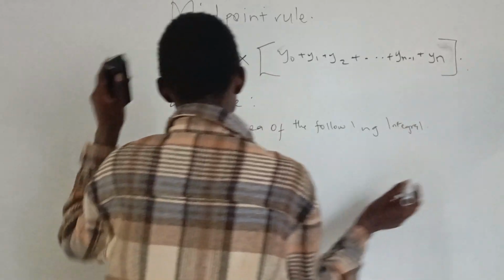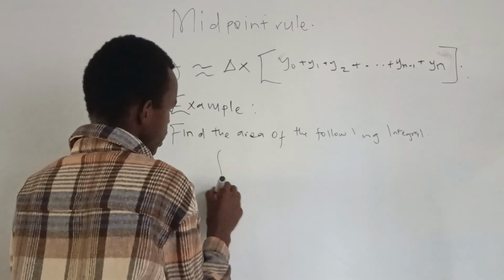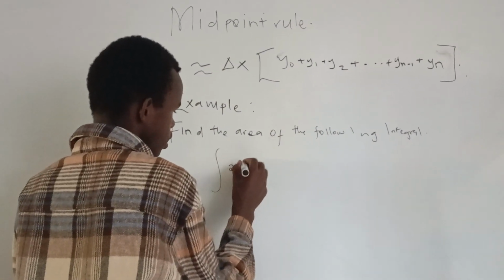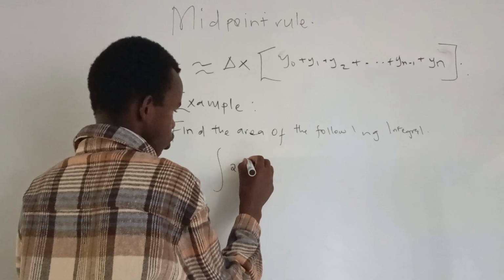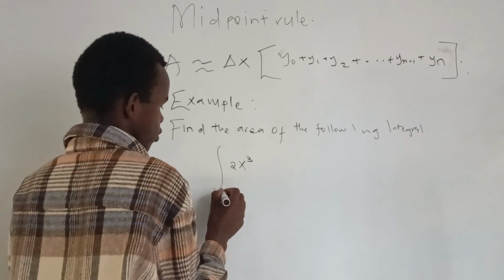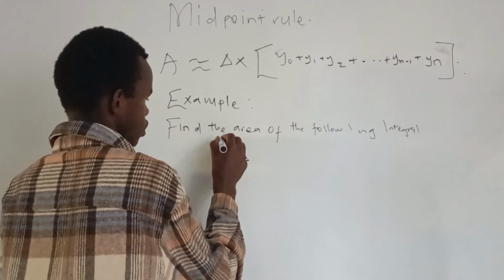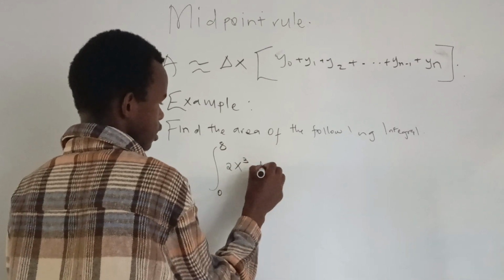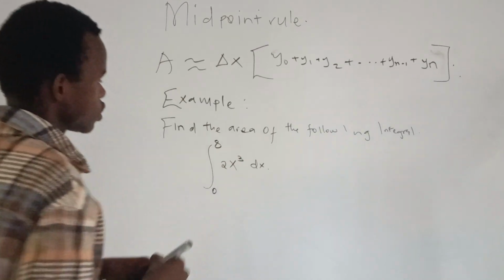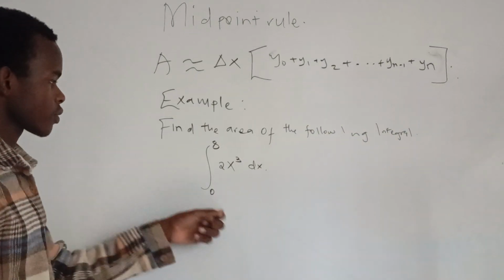It will be the integral of 2x cubed from 0 to 8, dx. So we are told to compute this.